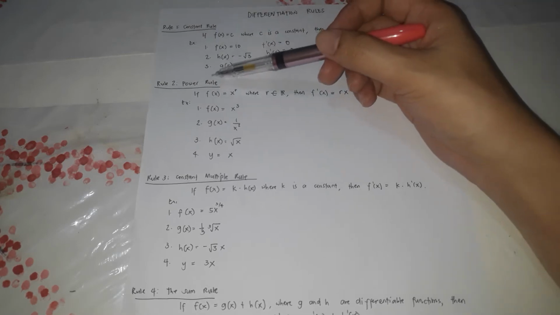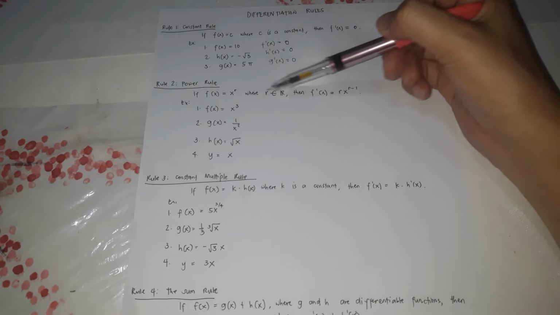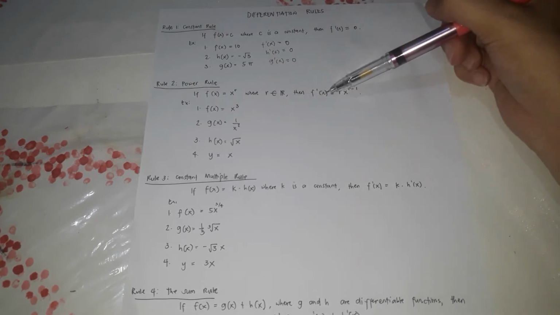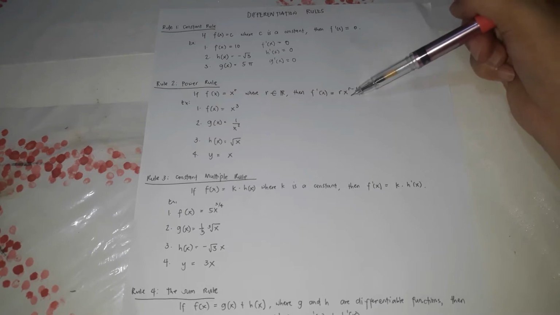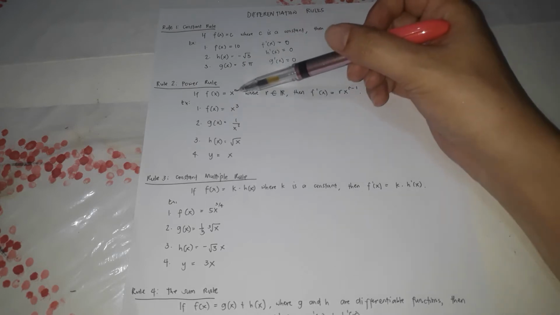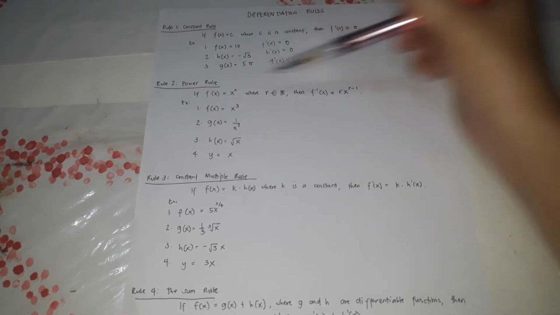For rule number 2, it's the power rule. If f of x is equal to x to the r, where r is an element of the real numbers, then the derivative of f of x is equal to r times x to the power of r minus 1. So if you notice, ang gagawin is, kopyahin mo na yung exponent na r, tapos kopyahin yung x, tapos ang r bawasan ng isa.